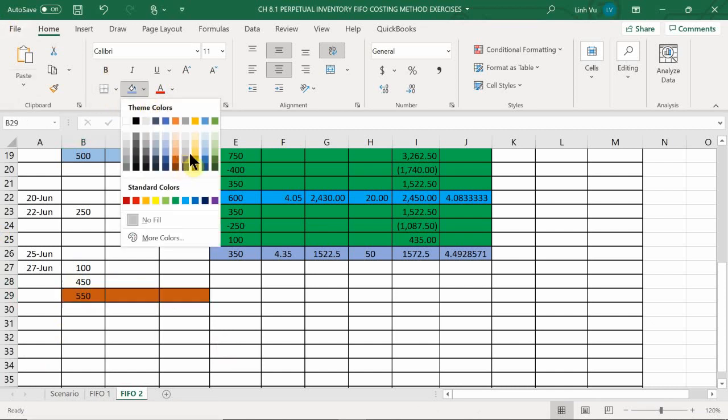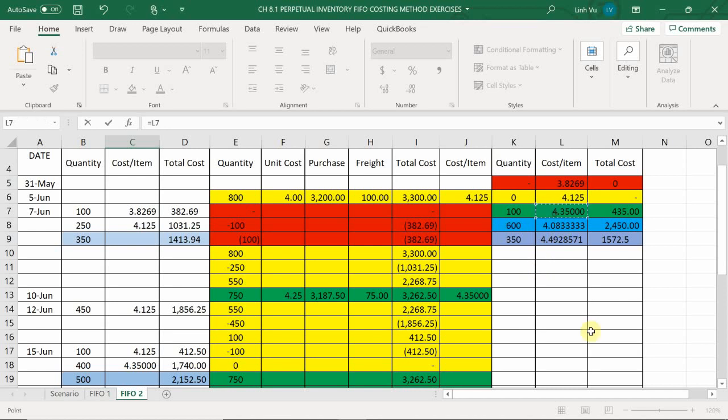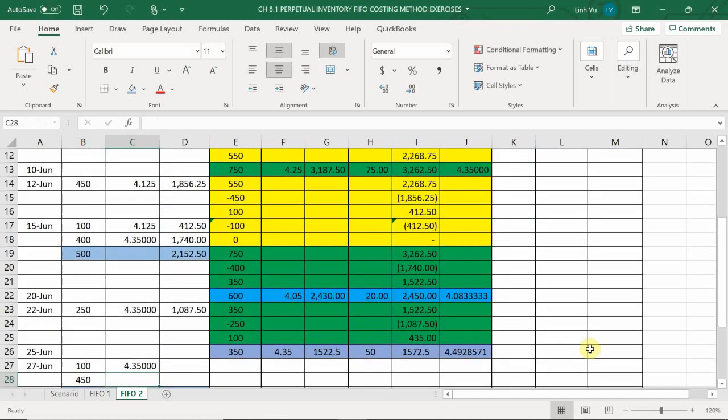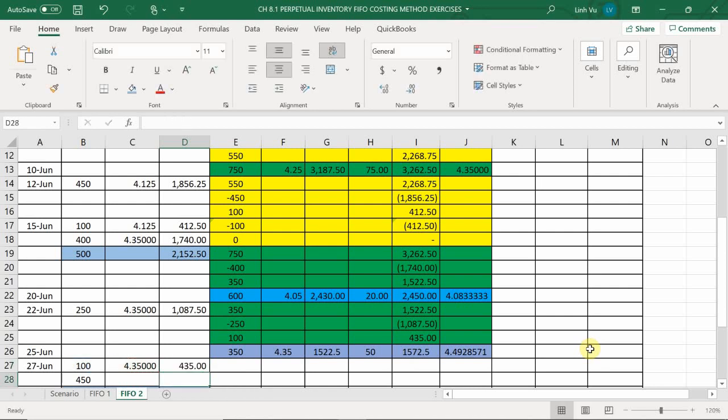So that 100 items is a total of $4.35 each, which we already know because we already calculated it, was $435, right?